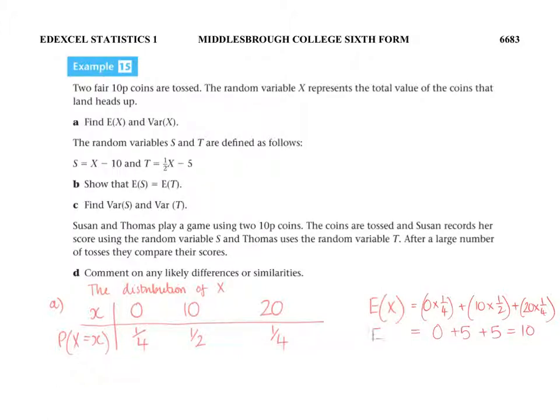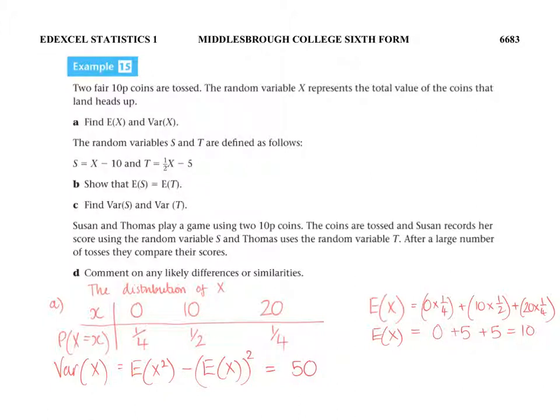So if you need to work it out, you can't see it by symmetry, then the calculation's still going to work. We want the variance here, which is E of X squared, so the mean of the squared minus the square of the mean, and if we work that out altogether, that's going to be 50.